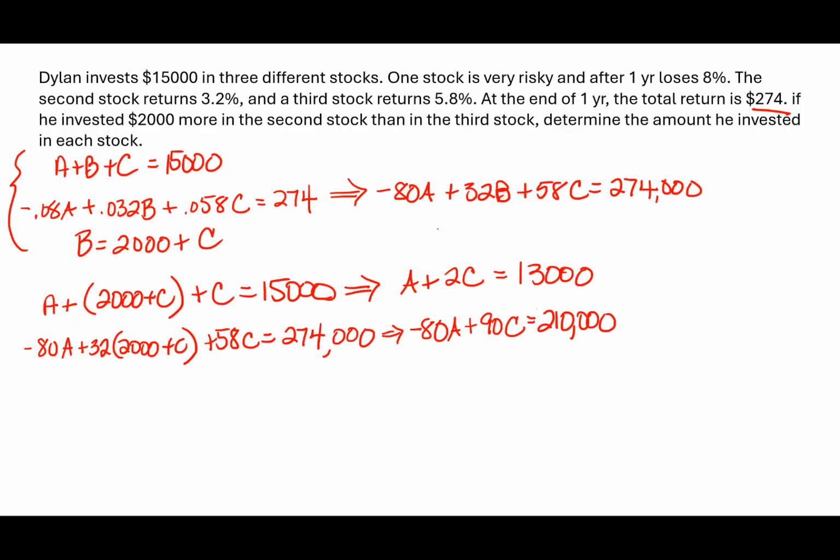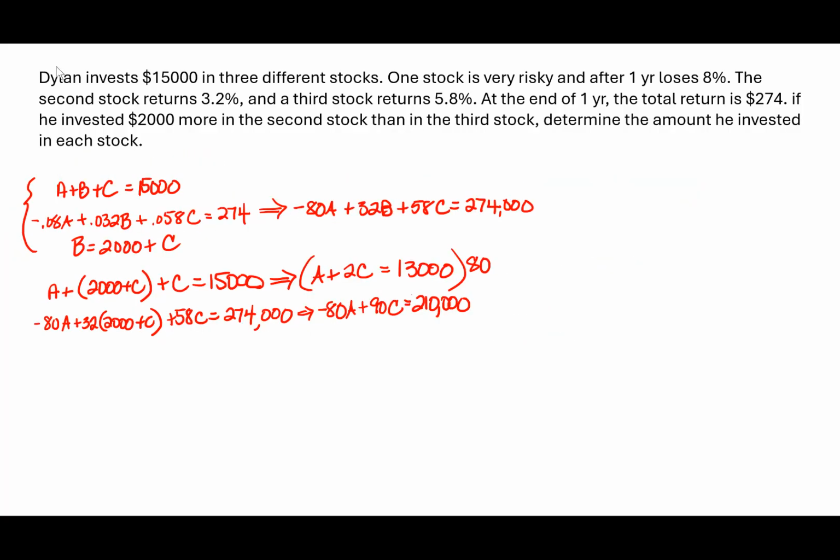And to solve this, I am going to use elimination. So I'm going to multiply that first equation through by 80 so that the A's will cancel. Okay, so that is going to be 80A plus 160C is equal to 1,040,000.